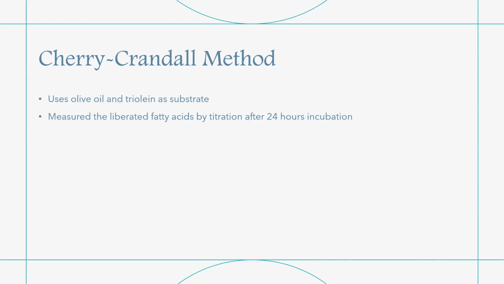However, if we compare olive oil and trehaline as a substrate, trehaline is much more acceptable as a substrate for the Cherry-Crandall method. Again, remember that the turbidimetric method is simpler and more rapid than titrimetric, which is your Cherry-Crandall method.